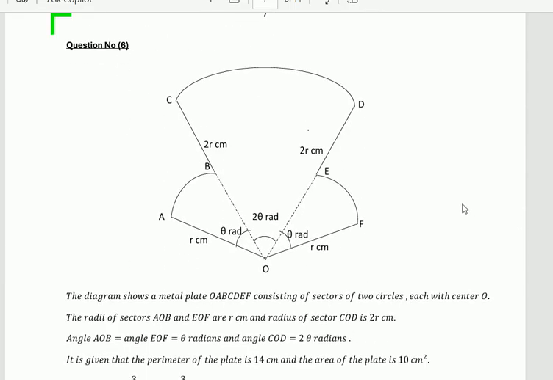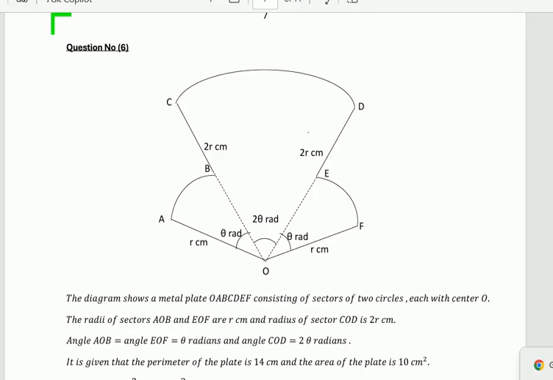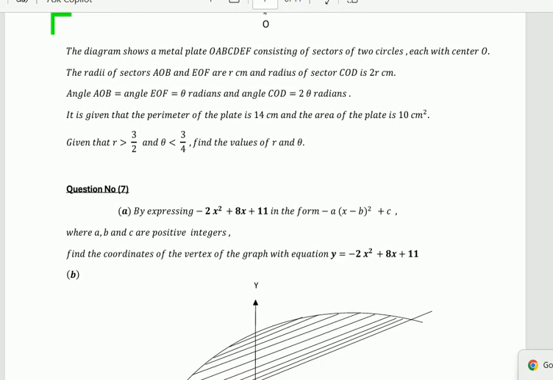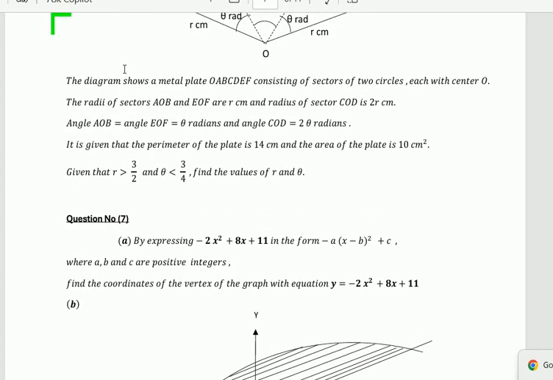Question number 6, as the diagram is given. The diagram shows a metal plate OABCD consisting of sectors of two circles, each with center O. The radii of the sectors AOB and EOF are r centimeters, and the radius of the sector COD is 2r centimeters.